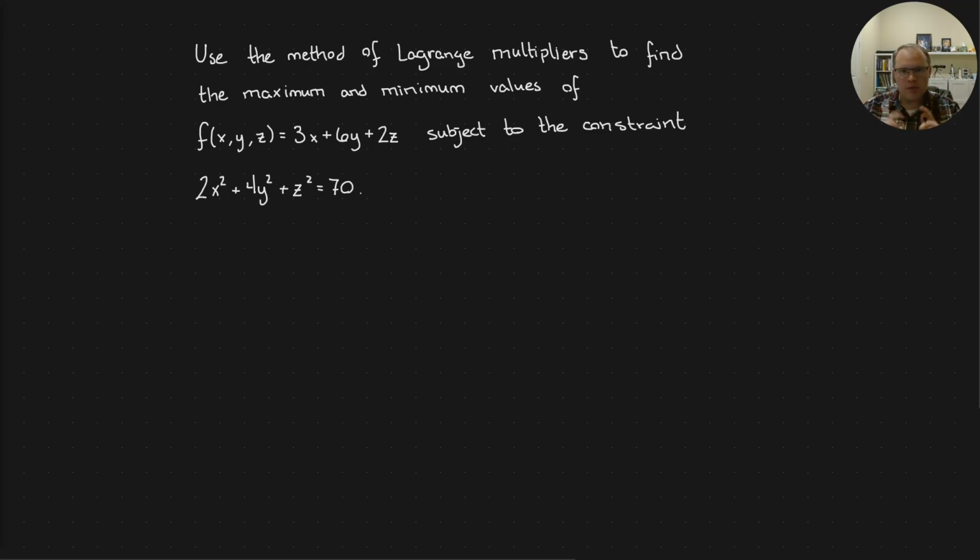We want to use the method of Lagrange multipliers to find the absolute maximum of a 3-variable function subject to a constraint. The process is exactly the same, and the formulas are the same. We still want the gradient of f to equal some scalar multiple times the gradient of our constraint function.